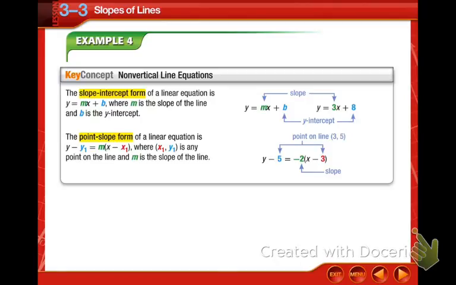That's the whole point of point-slope form, is to make it to where you can get something into slope-intercept. You won't really have any problems that will say to leave it in point-slope form. It's really weird to leave it like that. I guess the only advantage is you can find another point on the line outside of the y-intercept. But with slope-intercept form, you can find where the y-intercept is.